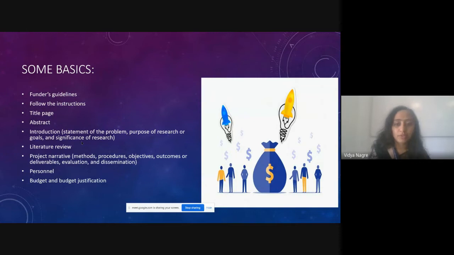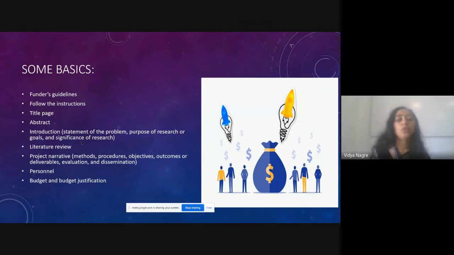Whenever you want to ask for a fund or you have to apply for a fund, you have to make sure that the funding agency has certain guidelines. Most of the funding agencies do have guidelines. Please study those carefully and follow all the instructions. Some funding agencies may not have their own instructions; that we will discuss in the next slide.